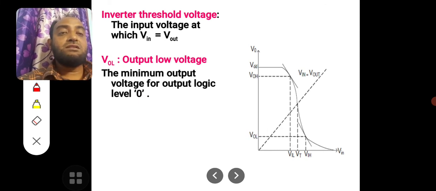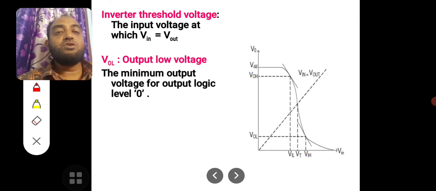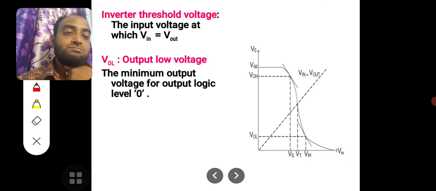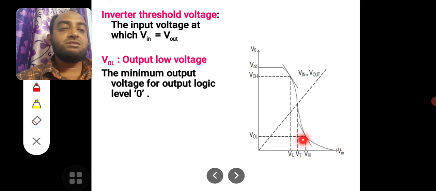VOL, the output low voltage, is the maximum output voltage for output logic 0. So this should be the voltage below which the output is treated as 0.